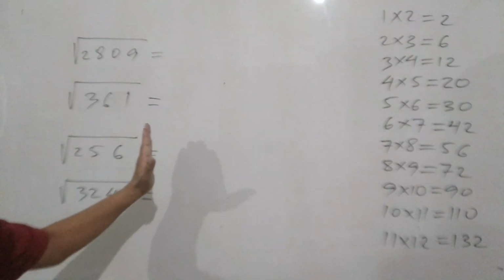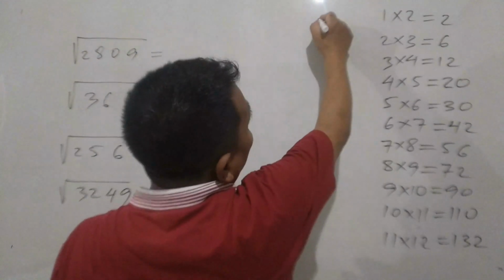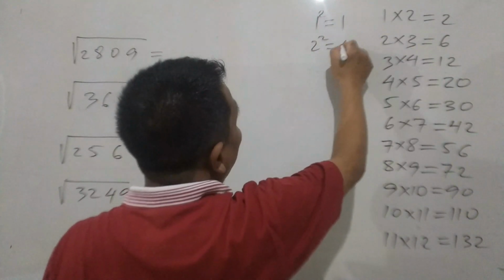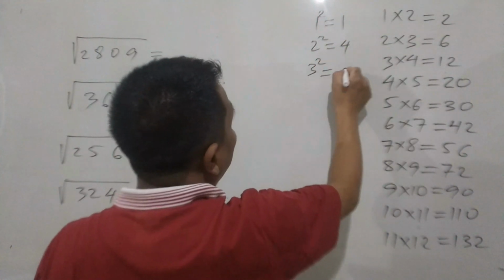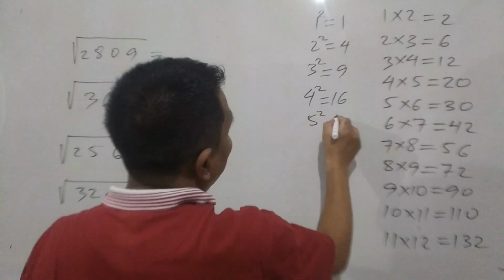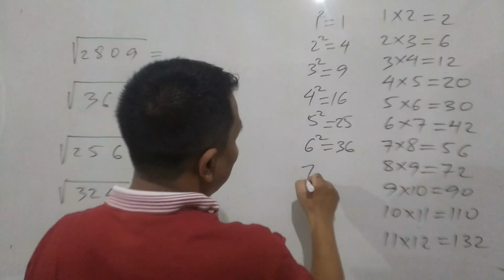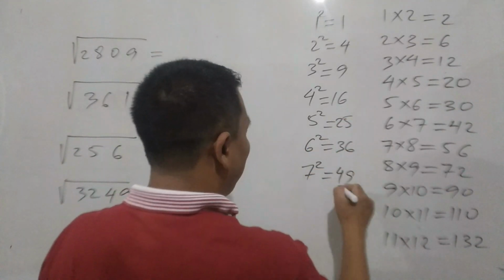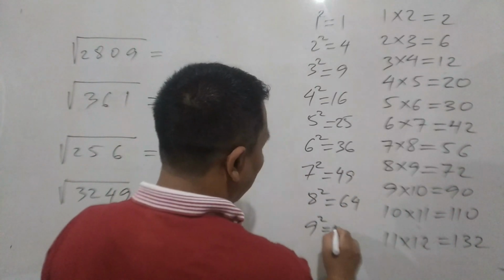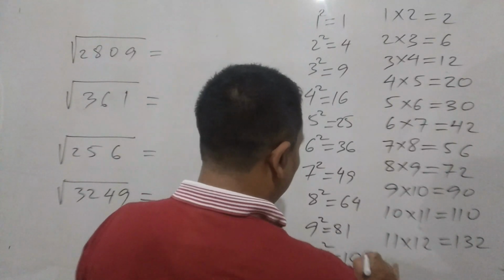Before we find these values, let's first move back to square of number. 1 square is 1, 2 square is 4, 3 square is 9, 4 square is 16, 5 square is 25, 6 square is 36, 7 square is 49, 8 square is 64, 9 square is 81, 10 square is 100.